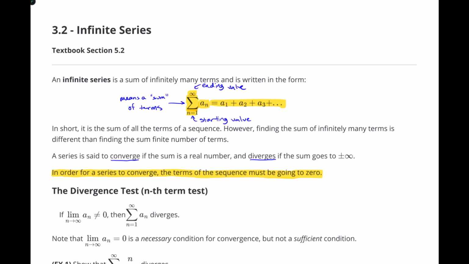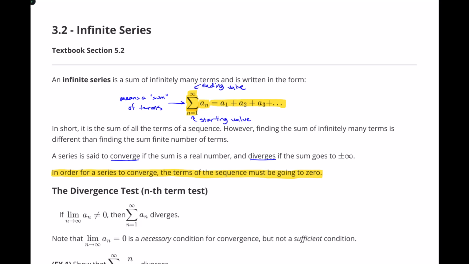So the sequence are the individual terms, and the series is the sum of all those terms added together. All right, so the series is really going to be just one number in the end.